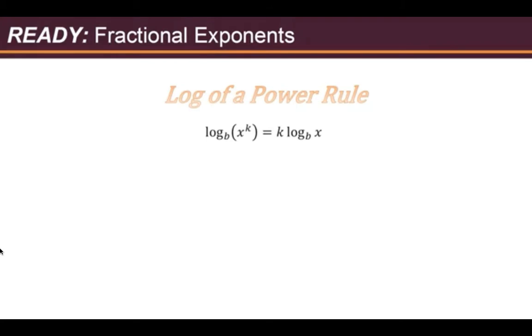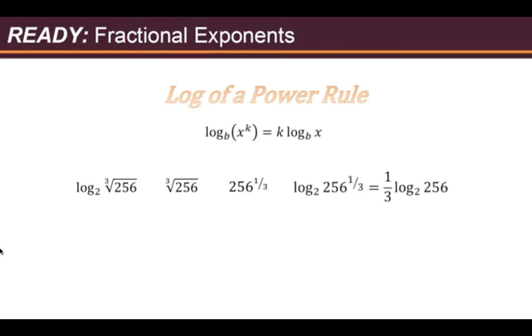So for example, if we have log base 2 of the cube root of 256, we can rewrite the cube root of 256 as 256 to the 1/3. Now, using the log of a power rule, our expression can be rewritten: log base 2 of 256 to the 1/3 equals 1/3 times log base 2 of 256.